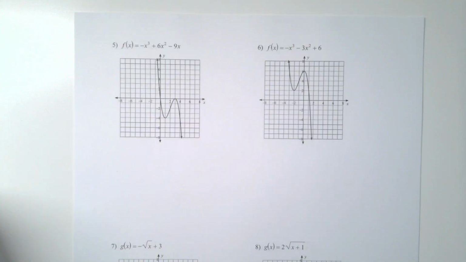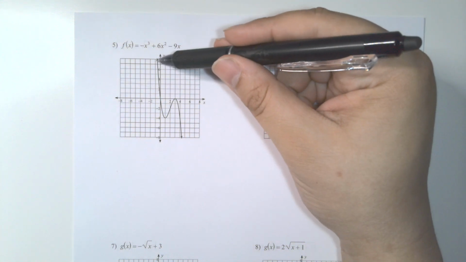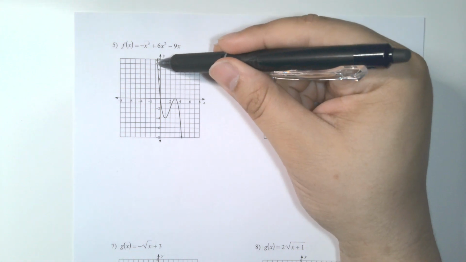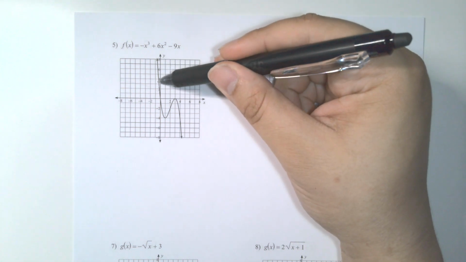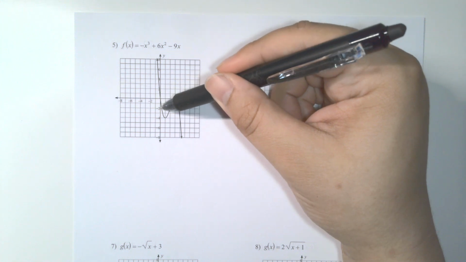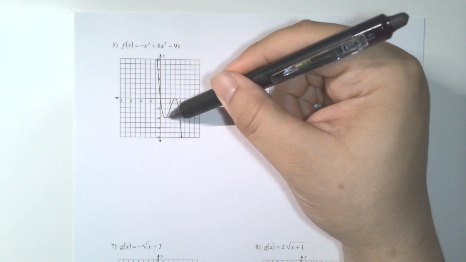So for number 5, okay. So we see that along this, if we just start from the left, we have negative slope here, and as we move further and further along, it becomes more and more flat. It starts flattening out until it becomes completely flat right here.